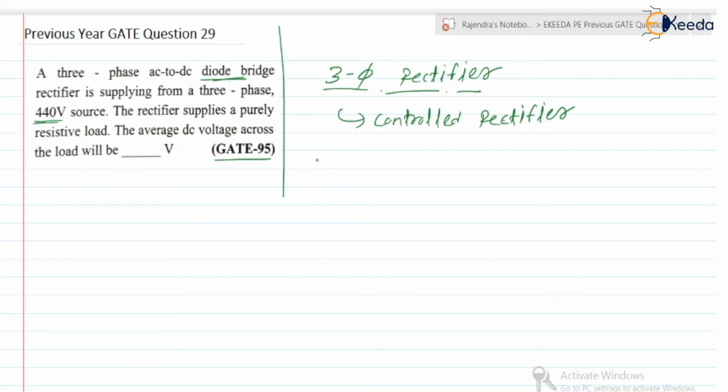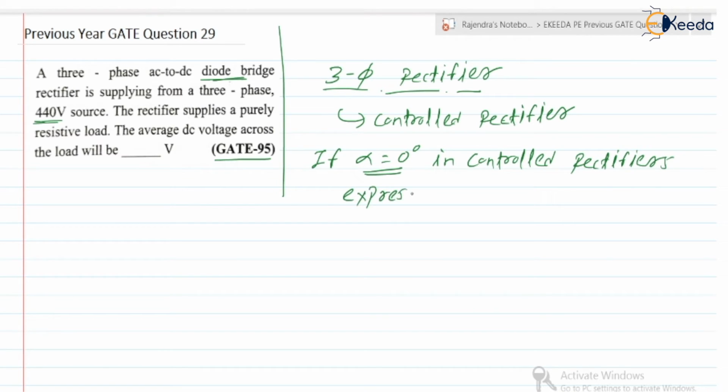If we put alpha equal to 0 degree in the controlled rectifier expressions, then we will be getting the uncontrolled rectifier. This is an important point, right?